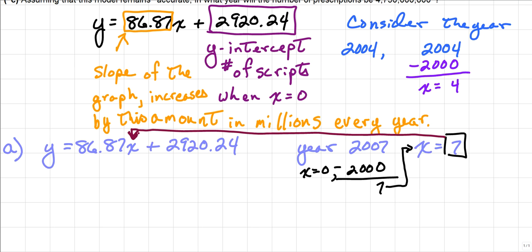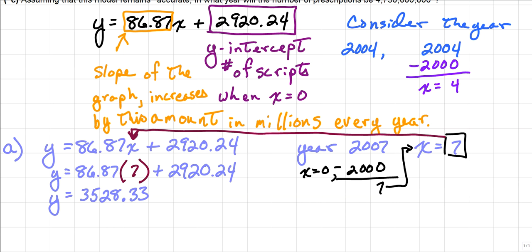In this case, there's only one x since it's linear, and I can go ahead and write down the fact that y is equal to 86.87 times 7, and then I'm going to add to that the y-intercept of 2,920.24, and then I will calculate this.